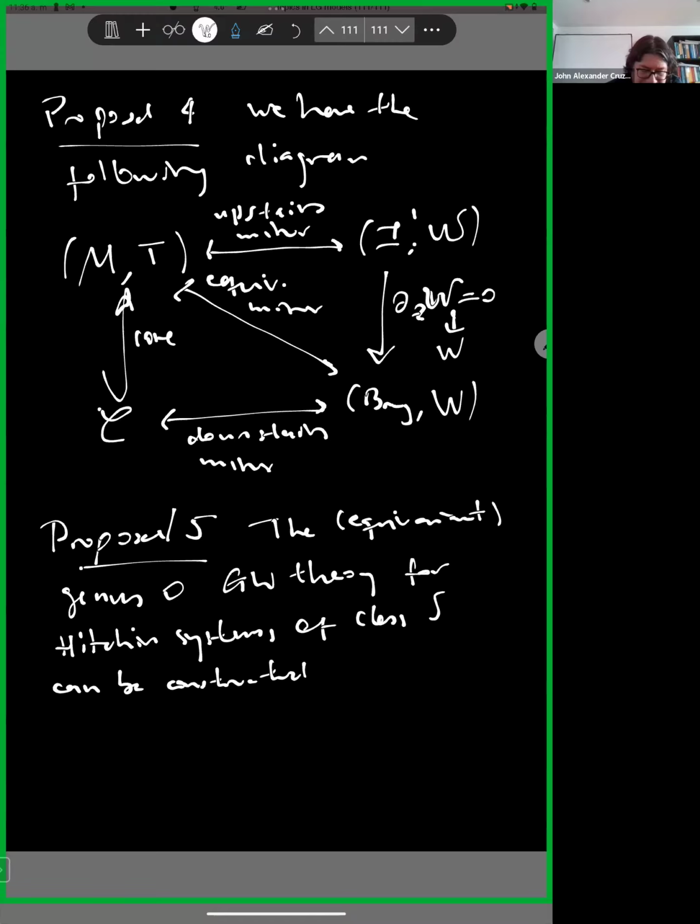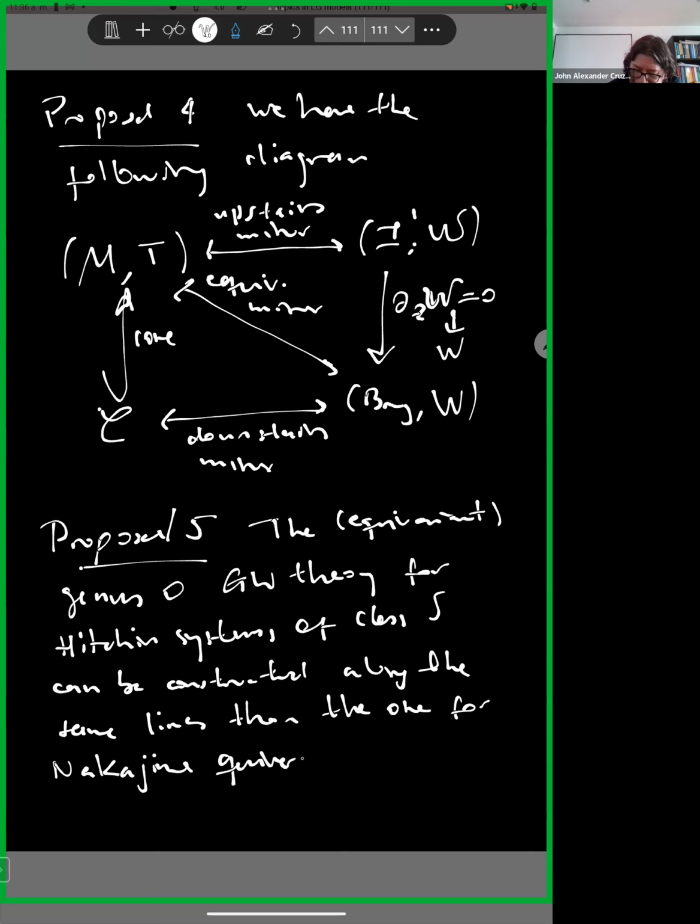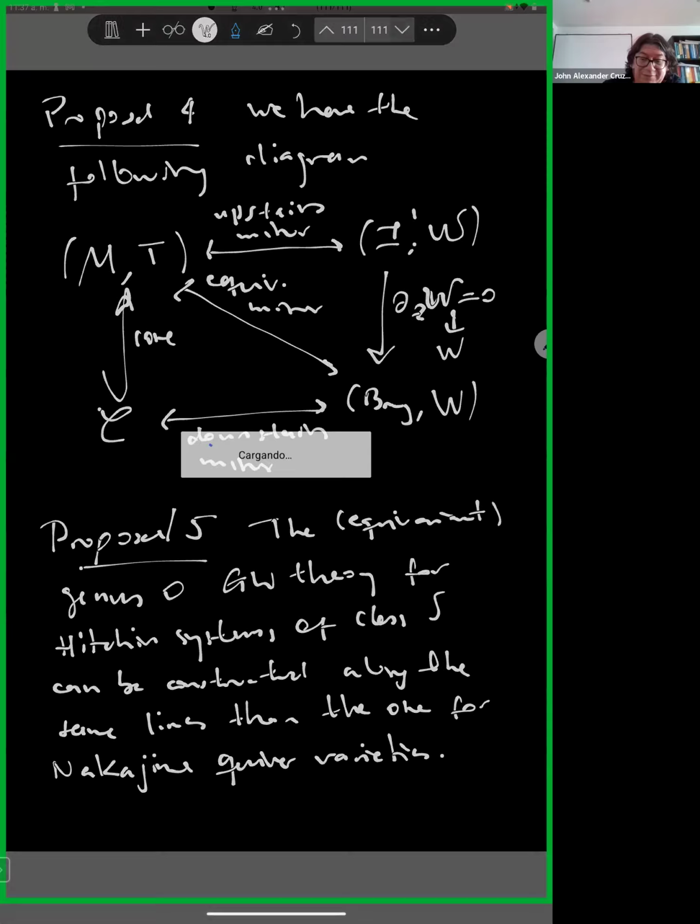For this kind of hyperkähler manifold it can be constructed along the same lines as for Nakajima quiver varieties. Okay.